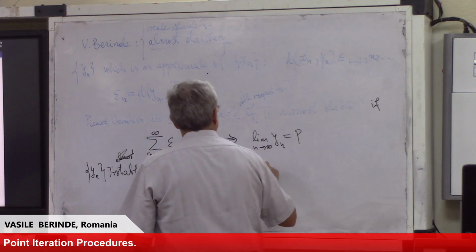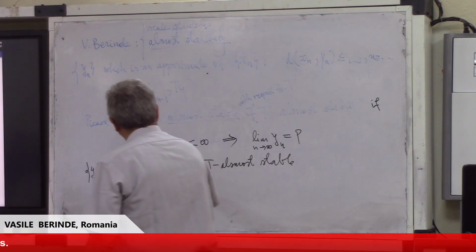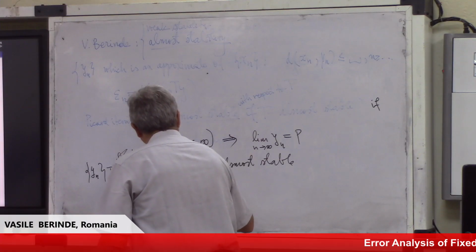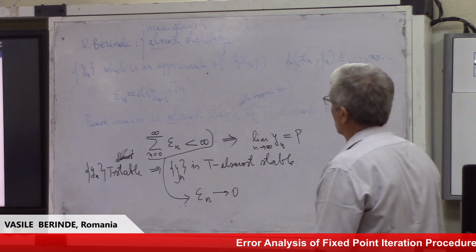Why? Because we know from series, if this series is convergent, then we know that epsilon n tends to 0. So we have the same conclusion.